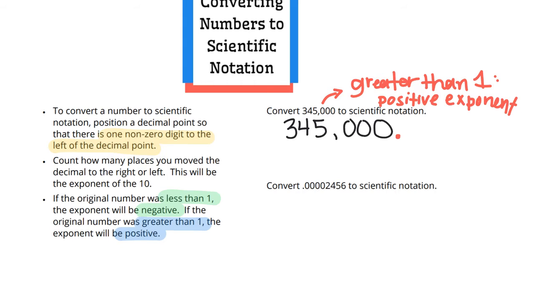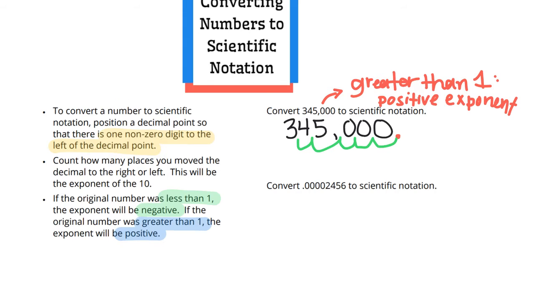So now I'm going to count how many times I have to move it. 1, 2, 3, 4, 5. I have to move my decimal point over to the left 5 times to have one non-zero digit to the left of the decimal point.